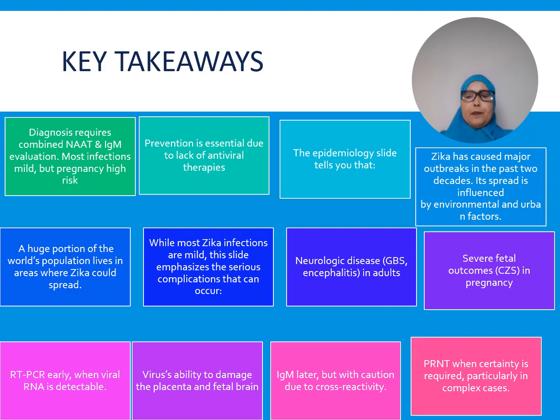It's hard for the fetus to develop, I mean the baby who's in the womb. IgM becomes available later, but with caution due to cross-reactivity. So IgM can also be reactive, as we mentioned.